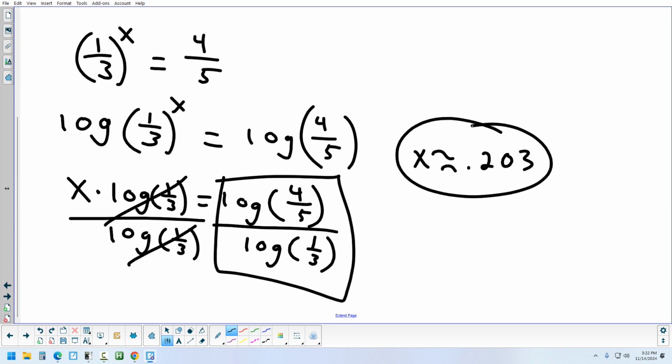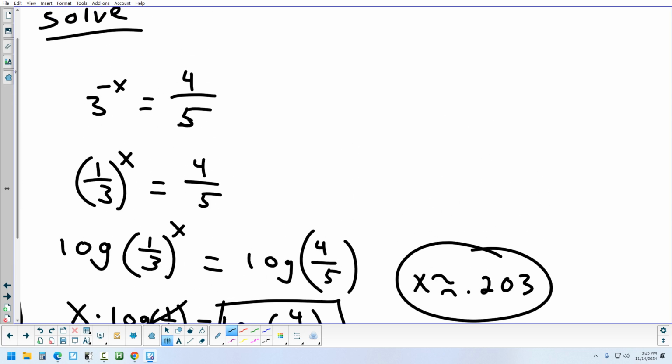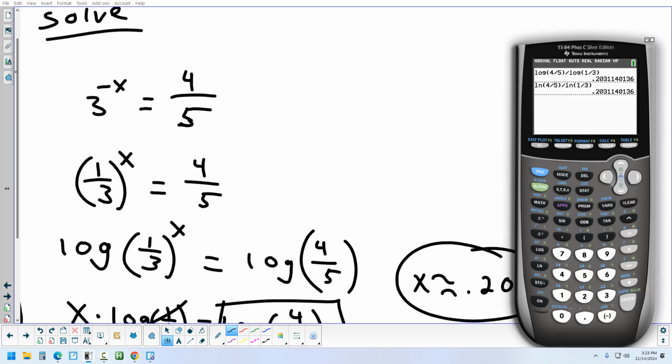Now, if we want to check that that works, what could we do? Yeah. Would you plug it in for x? Yeah, just plug it in for x and see if you get the right answer. So take 3 raised to the negative 0.203.